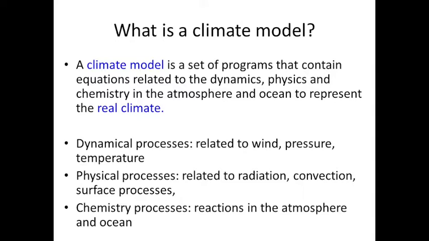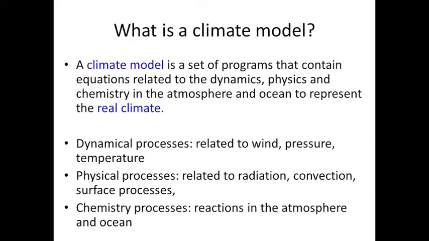We'll see in a minute. So in a climate model, we have dynamical processes, and these are related with circulation, with winds, with temperature, with pressure, and there are physical processes, mainly related to radiation, convection, process of surface, and chemical process as well.